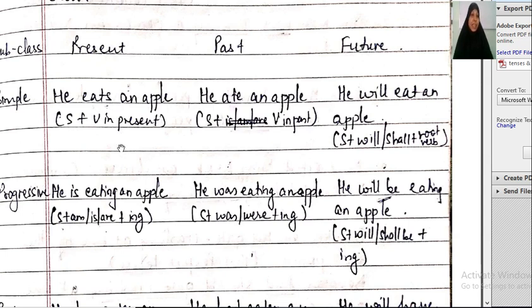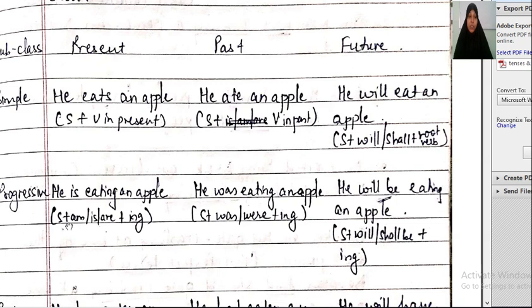After that, the second is progressive tense. Progressive here means continuous tense. Now we are going to see present progressive tense. Present progressive tense expresses an action that is going on at the time of speaking, like he is eating an apple.